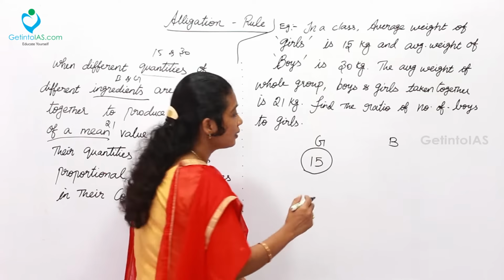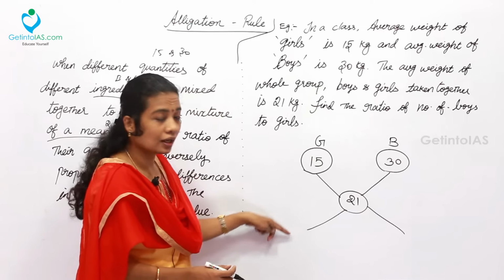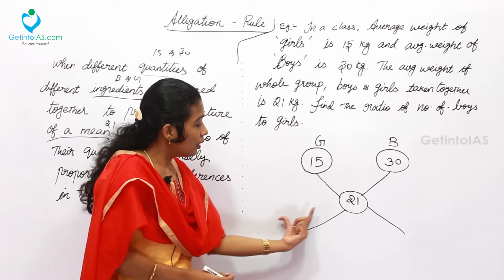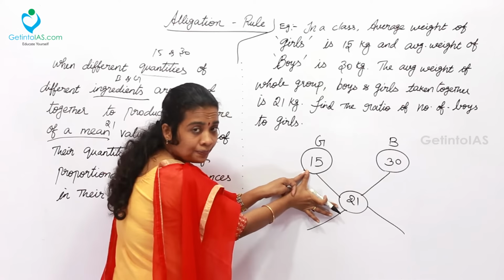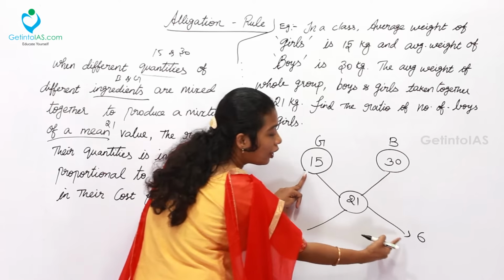Now what you want to do is take the difference between the middle and top value and write it down as the line directs. So here, 15 and 21, what is the difference? It is 6. The 6 is written on this arrow line.